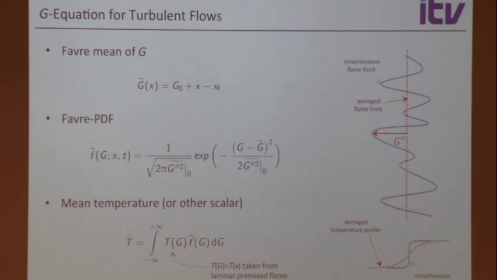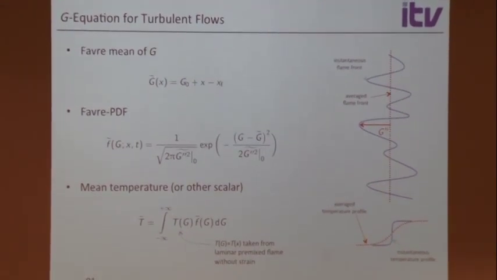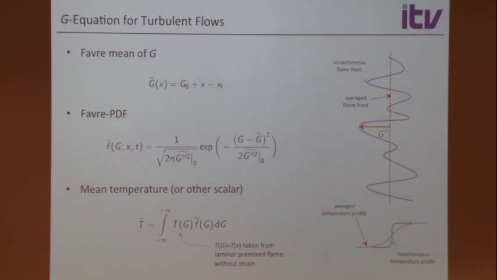Okay, so once we have the solution for the G field and for the G variance field, the G field basically tells us where the mean flame position is, and the variance basically tells us the distribution of the flame around this mean position.